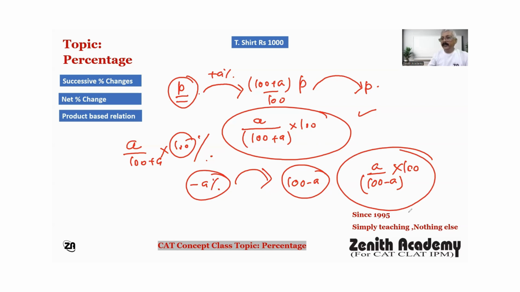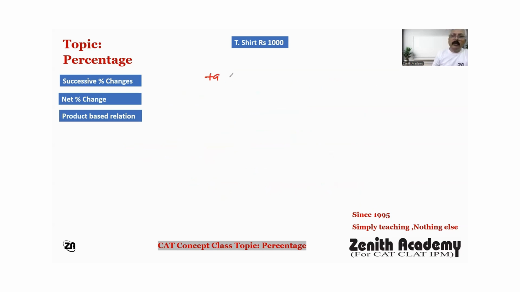Okay. So I think it is clear to understand, when it increases a%, how much percent should it reduce so that it gets the original value? So it is a upon 100 plus a into 100%.